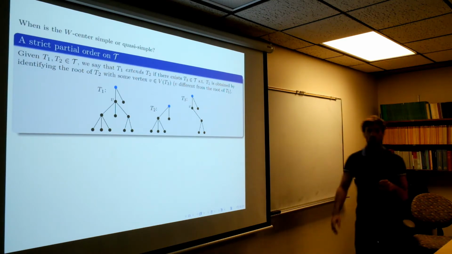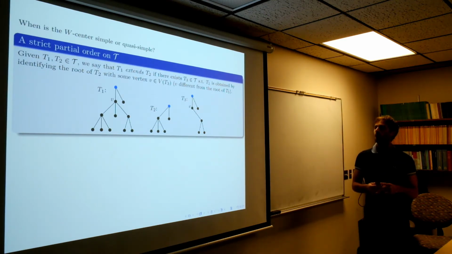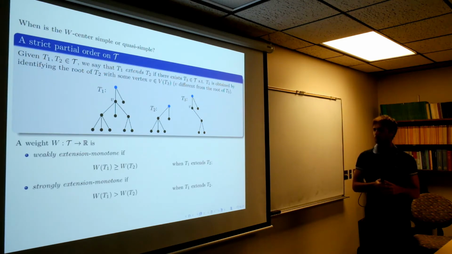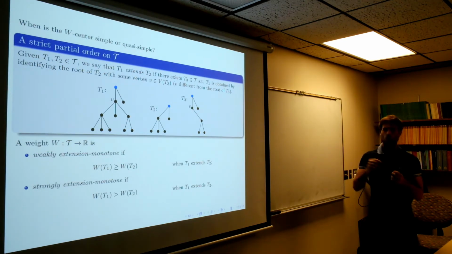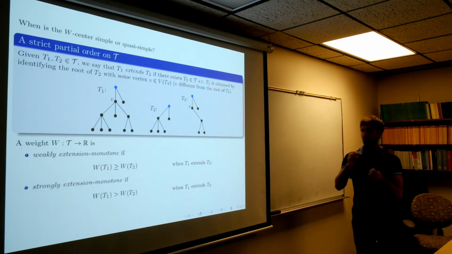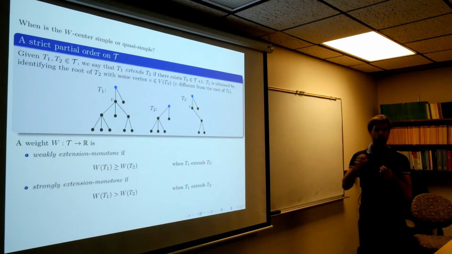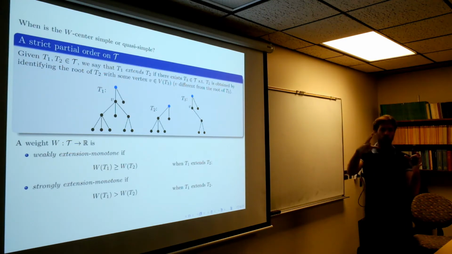But it should be quite clear from the picture. And then we say that a weight W is weakly extension monotone whenever it accords with this strict partial order. So when T1 extends T2, then the weight of T1 is bigger than or equal to the weight of T2, right? This means that whenever we have a big tree and a smaller subtree, then the weight of the big tree is bigger than the weight of the small tree. So it kind of makes sense.